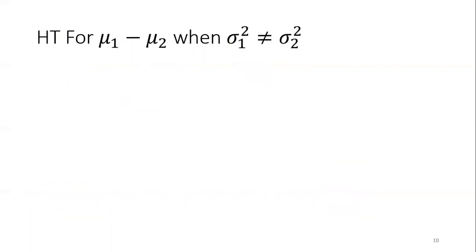We will see them. So let's assume the first case, sigma 1 square is not equal to sigma 2 square. So we don't have any information about the sigmas, and we cannot say that they are equal to each other. Later we will see how to make a hypothesis test regarding whether sigma 1 square is equal to sigma 2 square or not.